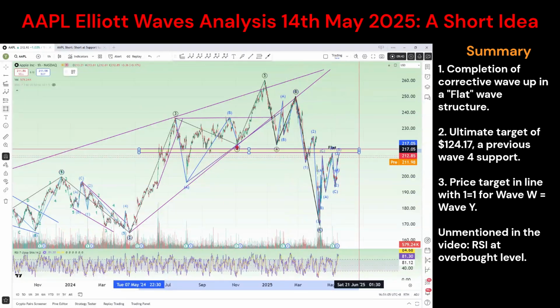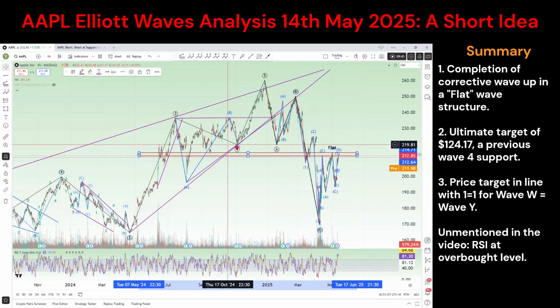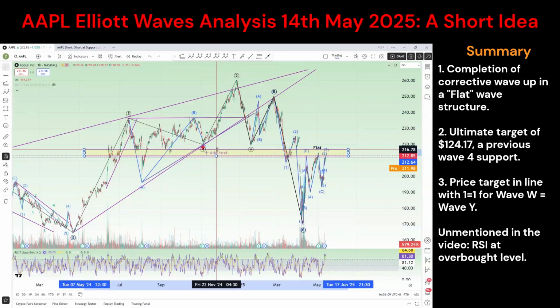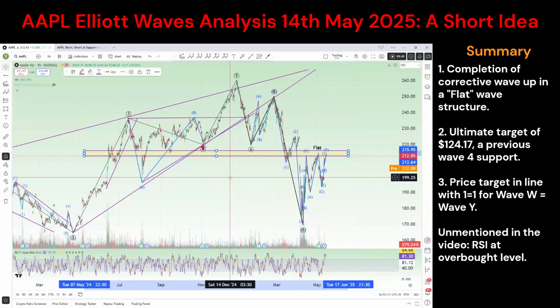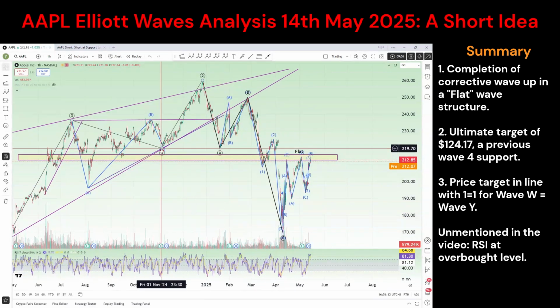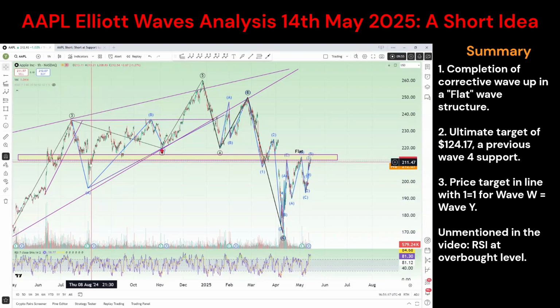Okay, so at this point in time, if I expand this resistance zone, you will see that there are a few places. This is not part of the resistance zone, but over here you have a turning point, and around this area you have other turning points. You want to look for turning points, right?